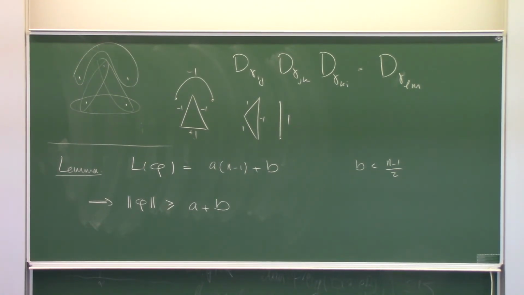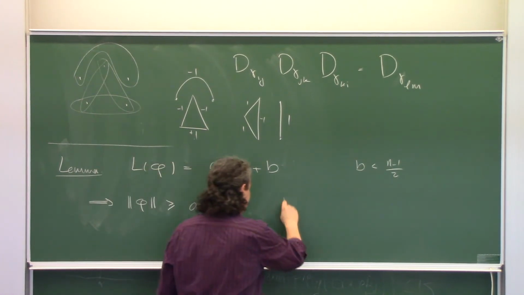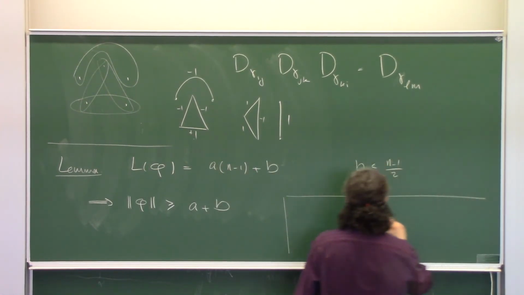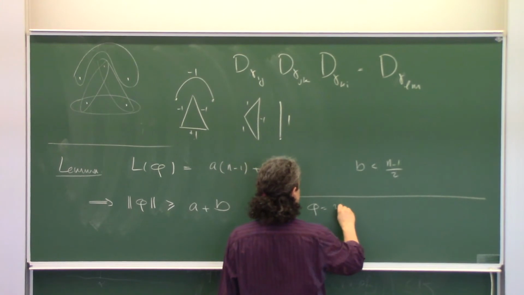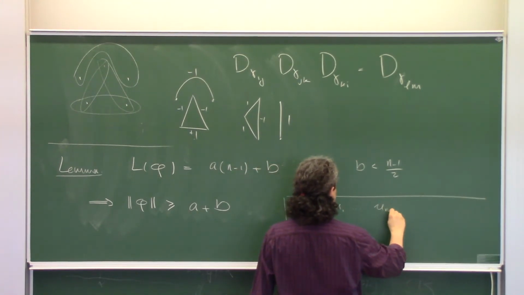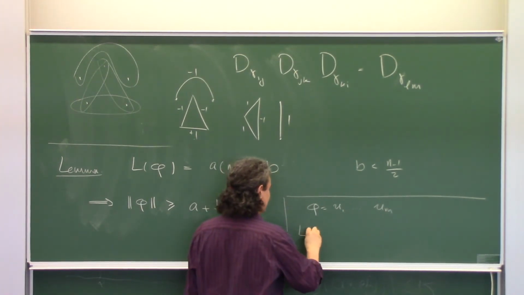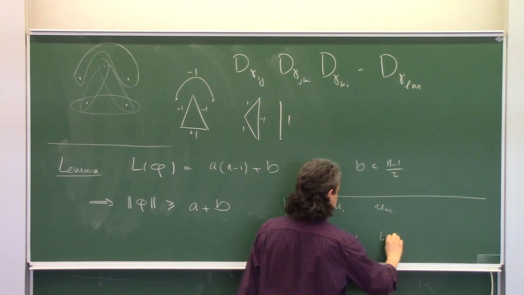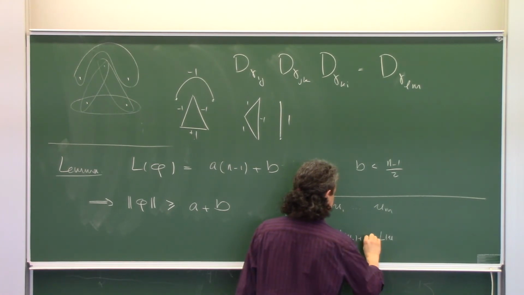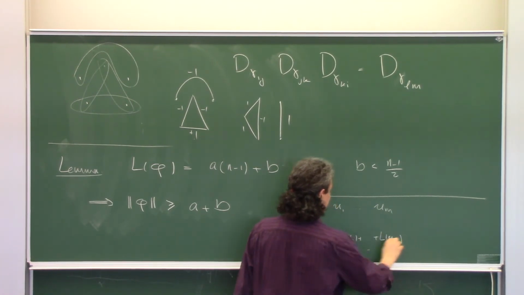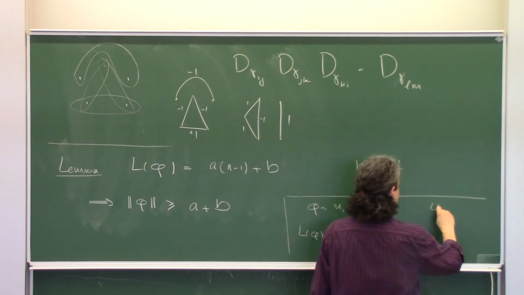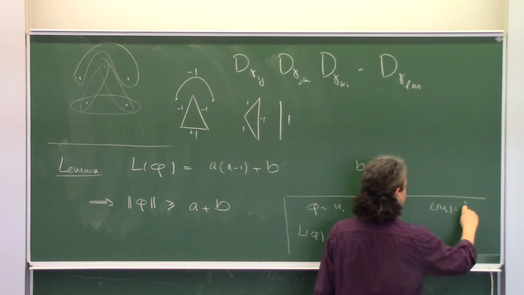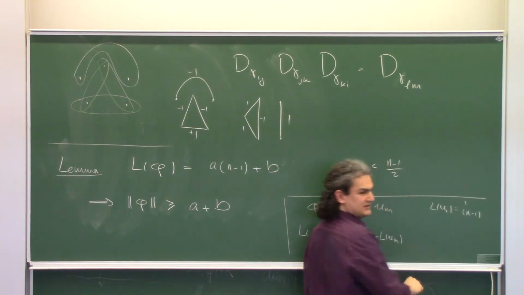So should I prove this? Why is that? Here is a quick proof of this. If I write phi as a product of u1 to um, then if I apply L of phi, that's L of u1 plus ... plus L of um, and each L of ui is either 1 or n minus 1.